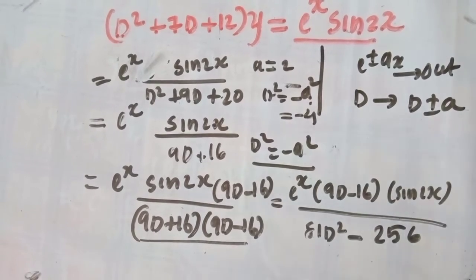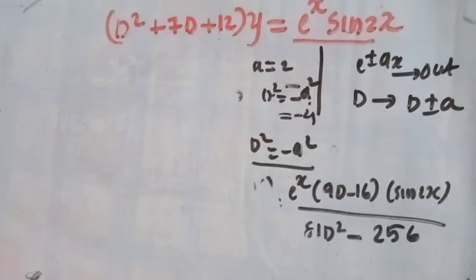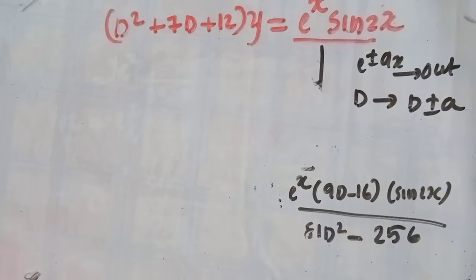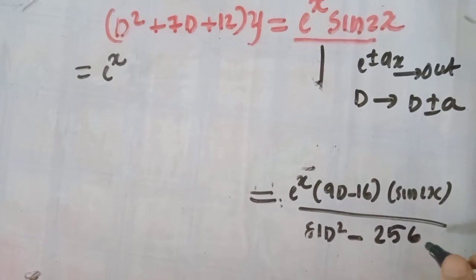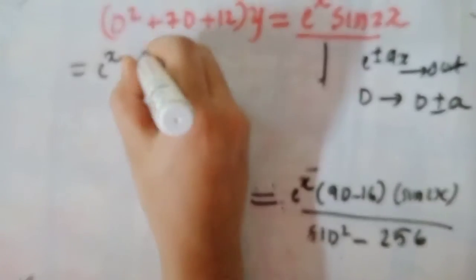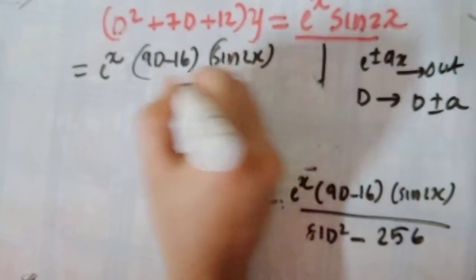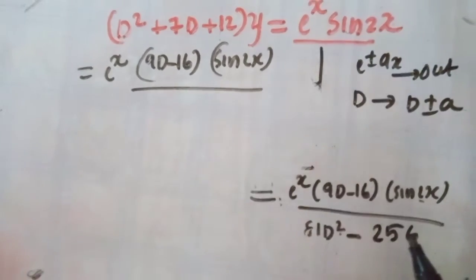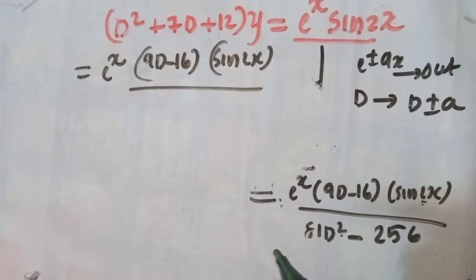What do we do next? In the numerator we have 9D minus 16 of sine 2x, and in the denominator we have 81 D square minus 256, in which D square can be substituted with minus 2 square, that is minus 4.